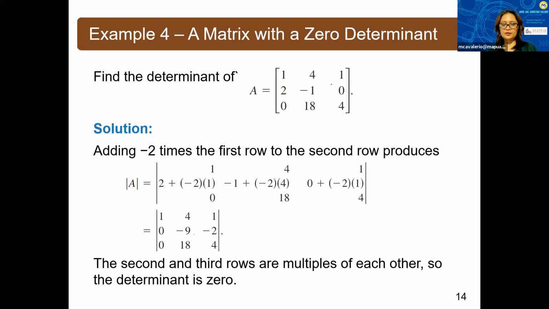And negative 2 times 1 is negative 2 plus 0 is negative 2. So we already have a 1, 0, 0. Now, take note that the second and third rows are multiples of each other. So the determinant is 0.